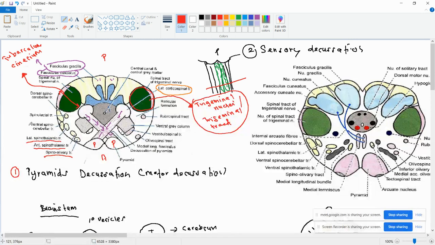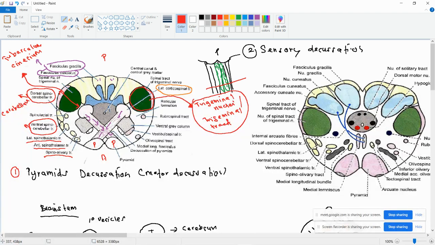And also we have the ventral spinocerebellar tract and the dorsal spinocerebellar tract. Where do these tracts go once they pass through your brainstem? Absolutely, they go to your cerebellum. I think it is impossible for me to explain every tract now, because you will have a lecture on tracts later.